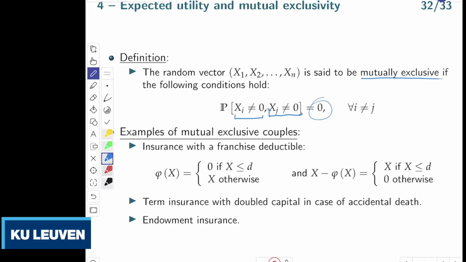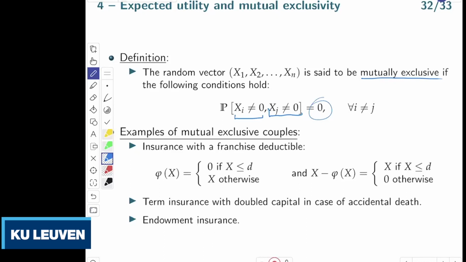In reality, the probability of having losses will not be 0, it's just a low probability. That would be the more realistic case. So mutual exclusivity is an extreme situation where your losses are moving in the opposite way.